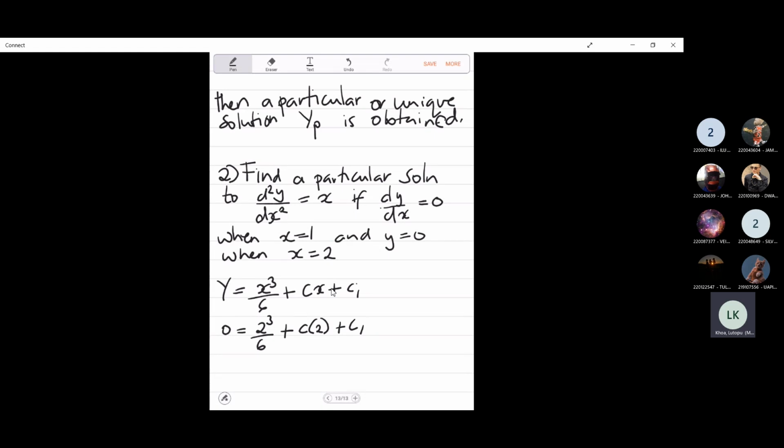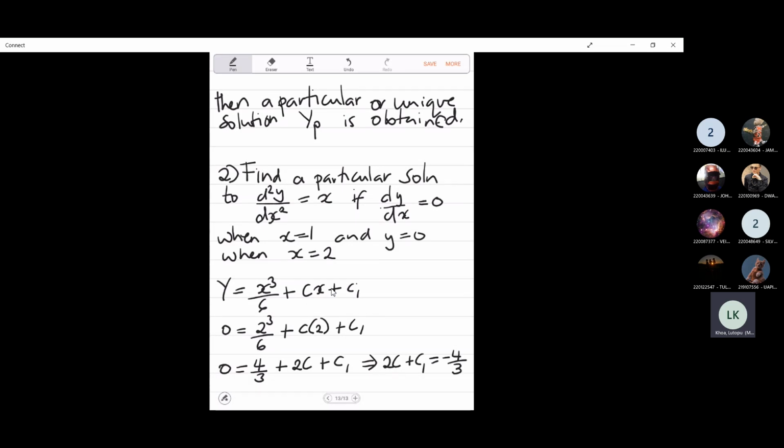So we have 0 is equal to 8 over 6, which is 4 over 3. Okay, so from here I can say that 2c plus c1 is equal to minus 4 over 3.